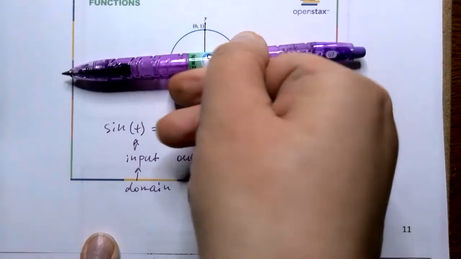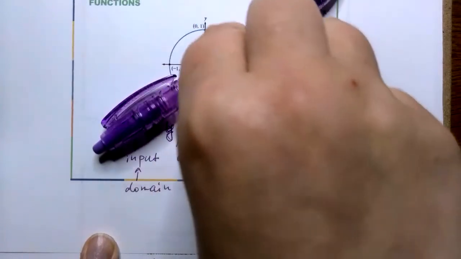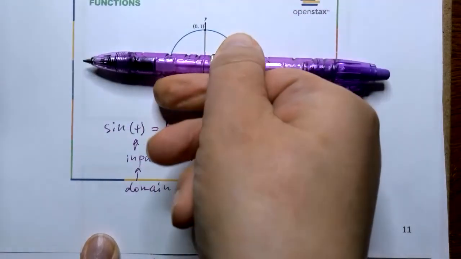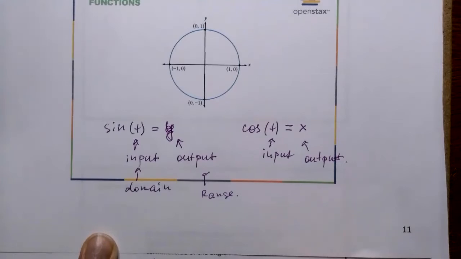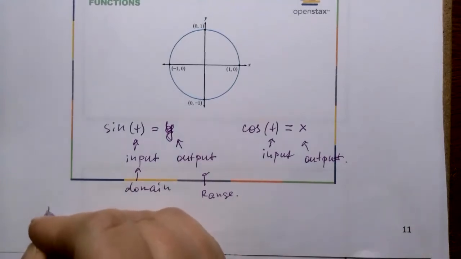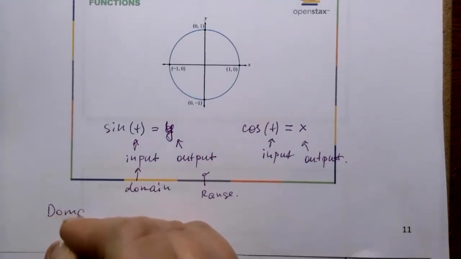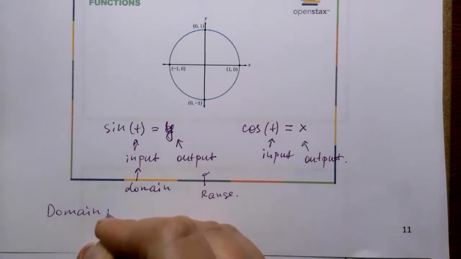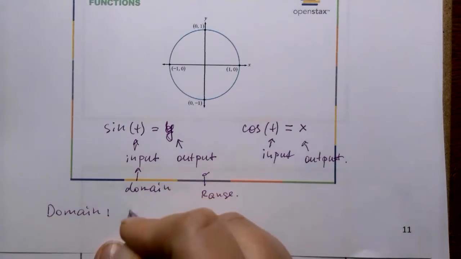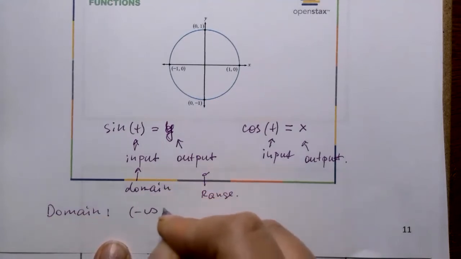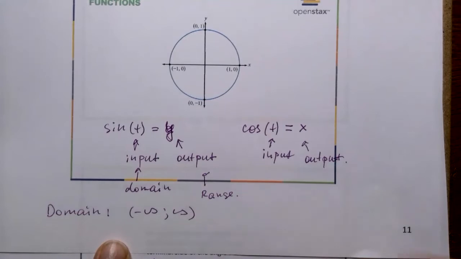And again, we could add on the spins or subtract out spins all the way into negative infinity. So the domain for the sine function would be from negative infinity to positive infinity. So angle could be any angle, right?